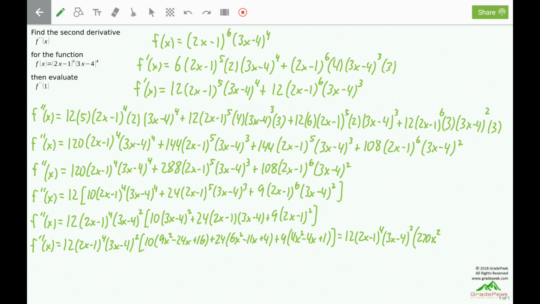And 9 times negative 4 is negative 36. Negative 264 and negative 36 combined is negative 300. And then we have the 10 times the negative 24, negative 240. So negative 540 altogether. And then times x. And then our constants, we will have a 10 times a 16, a 24 times a 4, and a 9 times a 1.